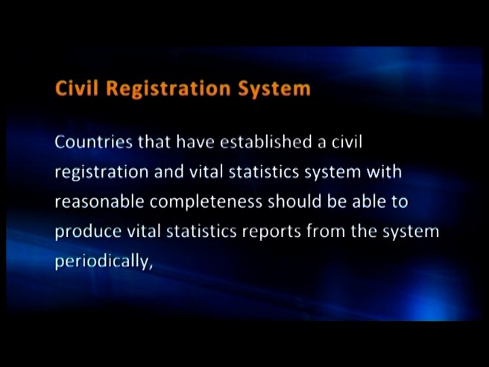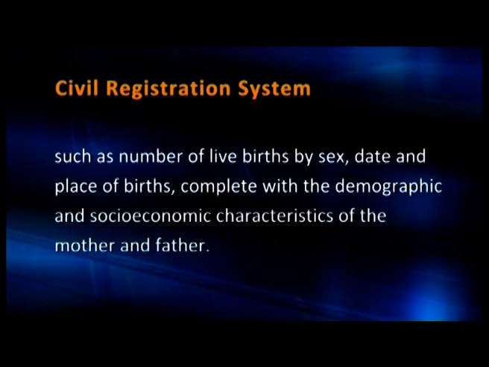Countries that have established a civil registration and vital statistics system with reasonable completeness should be able to produce vital statistics reports from the system periodically, such as number of live births by sex, date, and place of births, complete with demographic and socio-economic characteristics of the mother and father.